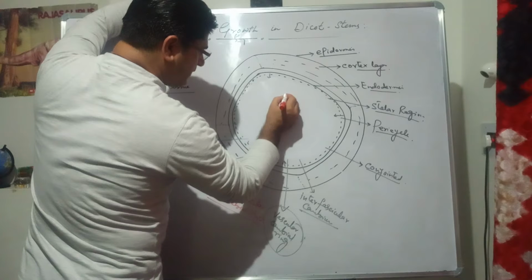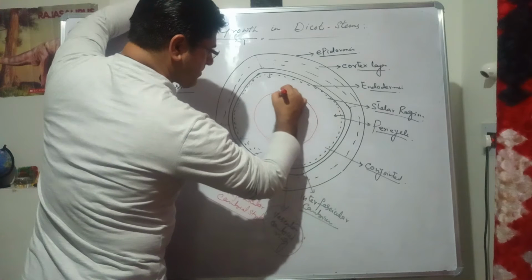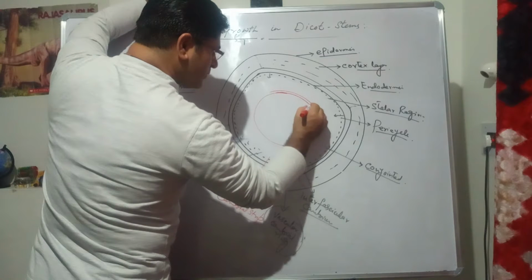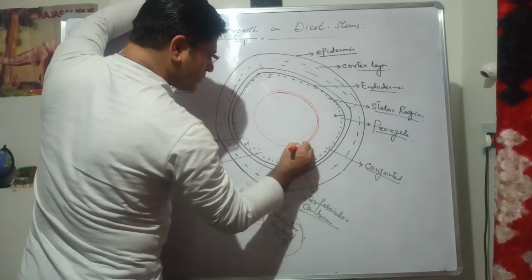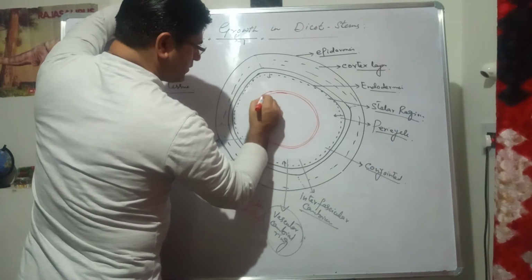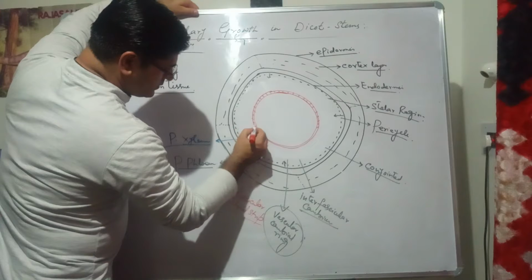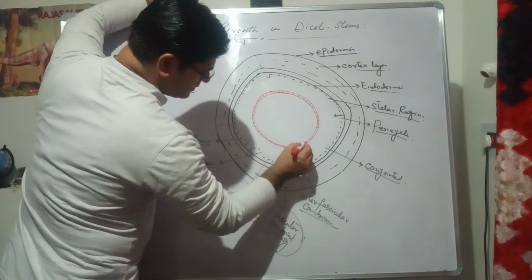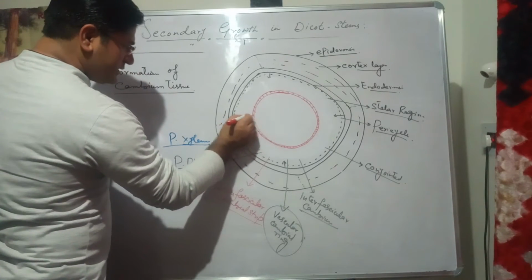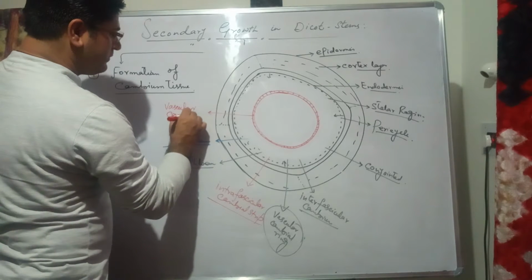So say this is the cambial ring. Okay, so I have made this ring-like structure. This is simply the vascular cambial ring, or vascular cambium.